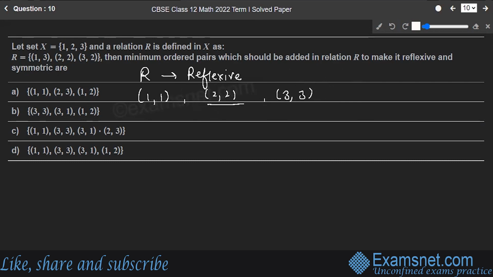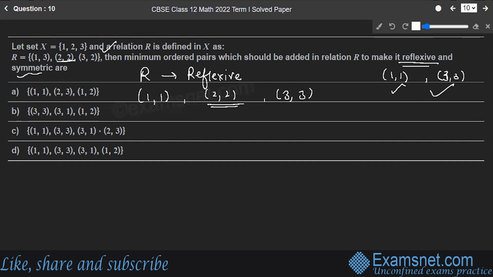Now, since (2, 2) already belongs to R, we need to add (1, 1) and (3, 3). So it is asking what minimum ordered pairs should be added. First, for it to be reflexive, you need to add (1, 1) and (3, 3). So these two pairs need to be added.